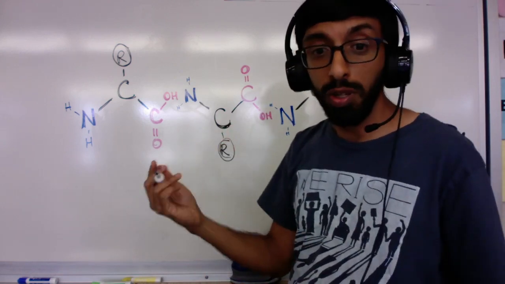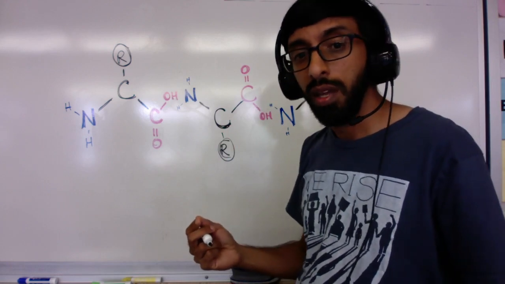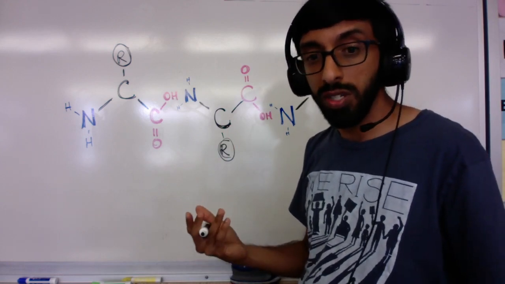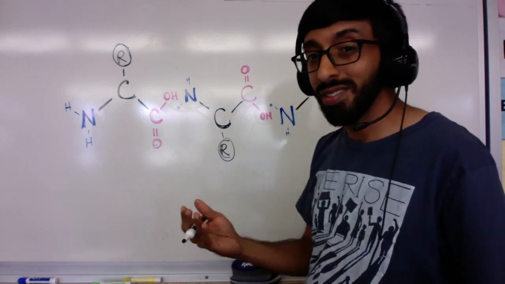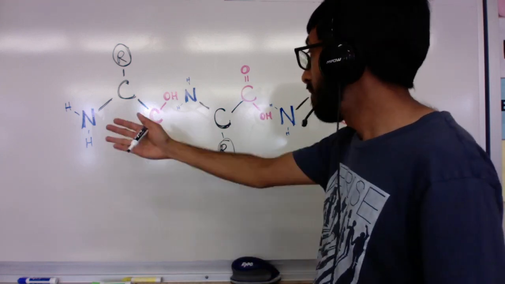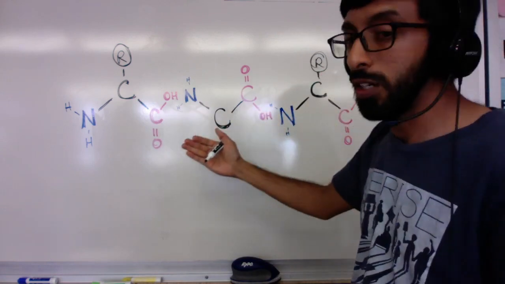Well, the way you polymerize things in your cells typically is by a process called dehydration synthesis. This may sound familiar. Dehydration synthesis is the removal of water. I've arranged these three amino acids in linear form.